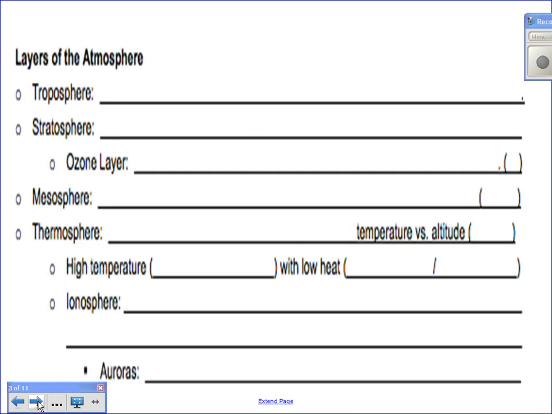So the layers of the atmosphere, let's take a look at this. We'll start out with the troposphere. The troposphere is the layer in which we live, the one that is nearest to Earth.